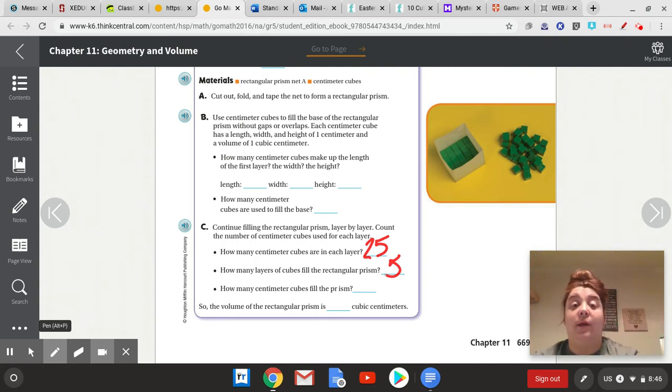Because it's really a cube that they're having you fill. So if you have 5 by 5 by 5 all the way around, what are you going to end up with? How many centimeter cubes are going to fill that? Well, of course, you're going to multiply 25 times 5. So take a second. What do you get when you multiply 25 by 5?